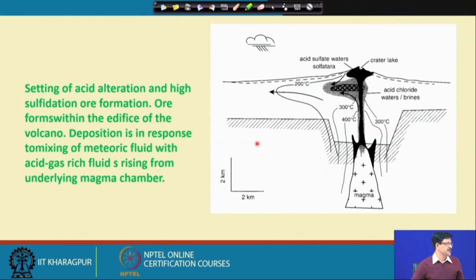So this deposition is in response to mixing of meteoric fluid with acid gas rich fluid rising from the underlying magma chamber. The magma chamber provides very acidic sulphurous vapor that condenses into the meteoric fluid and becomes very acidic and sulphate rich, causing alunite type of alteration, which is very typical of high sulfidation deposits.